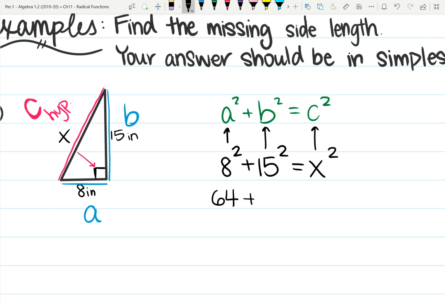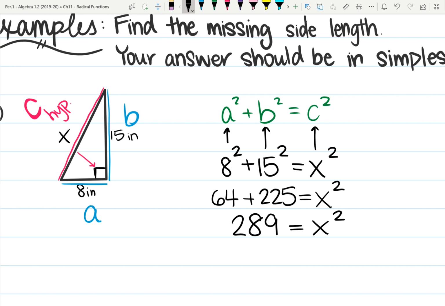So 15 squared is 225. There we go, equals X squared, like that. I brought down my X squared, and then look at how I can combine these two like terms. This is 64 plus 225. If I add them, I get 289 equals X squared. And then I'm not done. I need to solve for X.